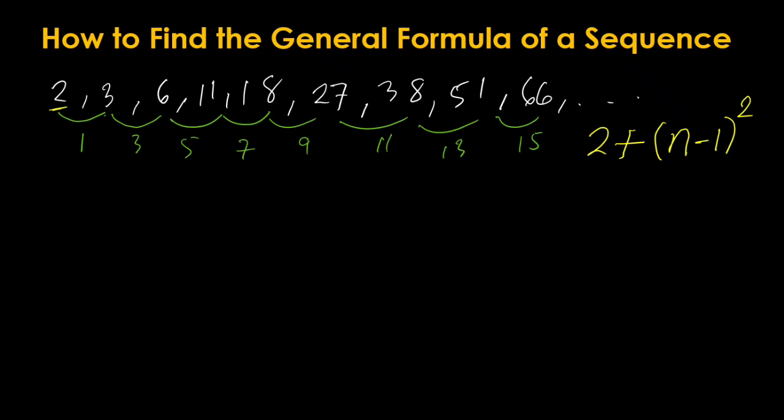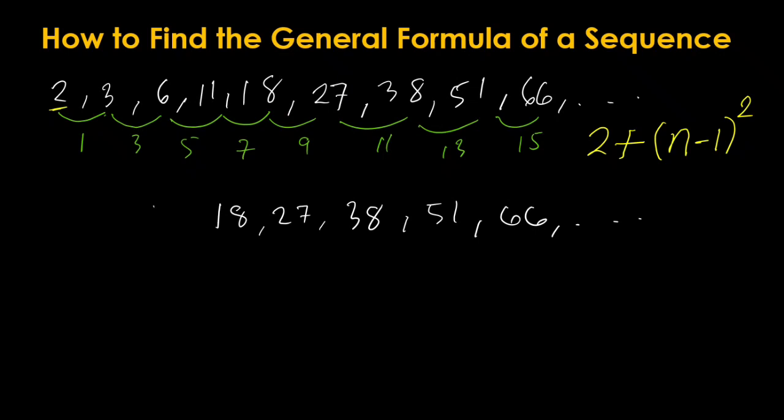Now what if the sequence is given like this? Say we started from 18: 18, 27, 38, 51, 66, so on and so forth. Now suppose we didn't have knowledge of this one, and we do as usual.